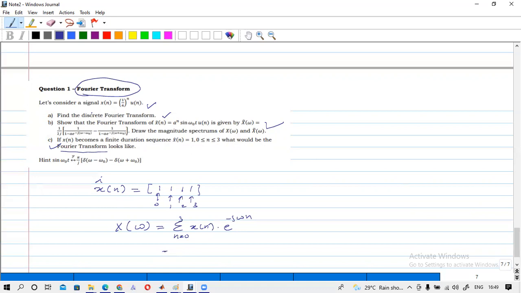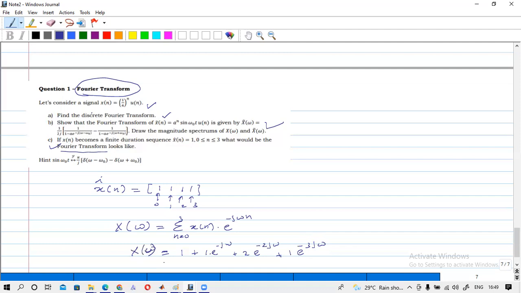If I expand this, very simple, x0 will be 1, and e to the power 0 is 1, plus x1 is 1 times e to the power minus j omega, plus for n equals 2, x2 is 1 times e to the power minus j 2 omega, plus 1 times e to the power minus j 3 omega. So this will be my X of omega.